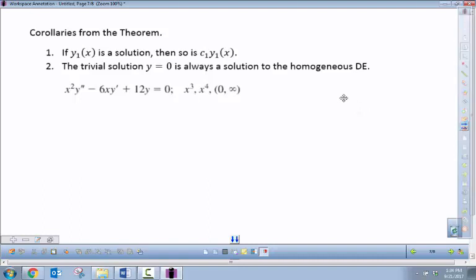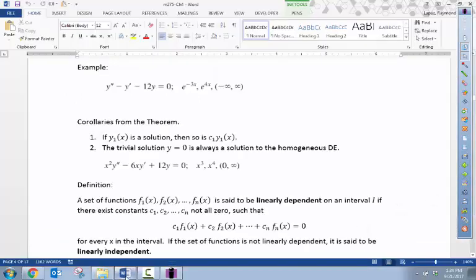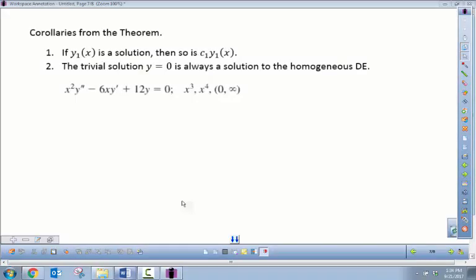So there's more information that comes from the theorem. What theorem? The superposition principle: if y is a solution, then a constant times that function is also a solution.